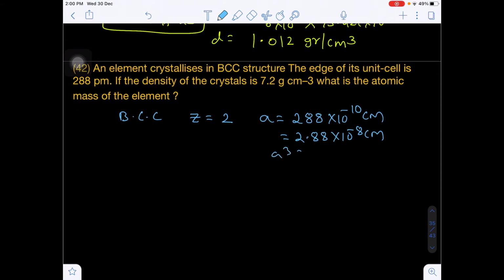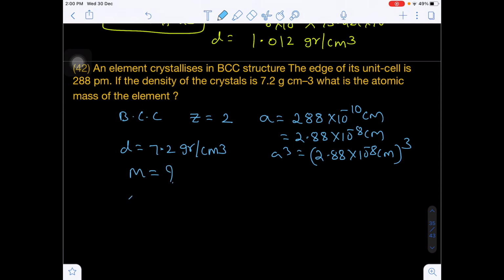So cubing on both sides, you will get the a cube value: 2.88 into 10 to the power minus 8 centimeter whole cube. Now in this question, density is also given, which is equal to 7.2 gram per centimeter cube. And what will be the unknown value? Molar mass of the element.